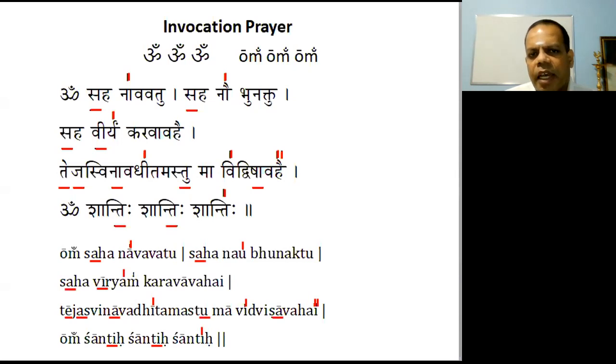Those red signs are actually suggesting whether the pitch of that note of the letter is high or low. Where you see a horizontal line below, that means the pitch has to be at a lower level. The voice has to drop a little. And when the red line above, which is pointing upwards, is there, the voice has to rise up.